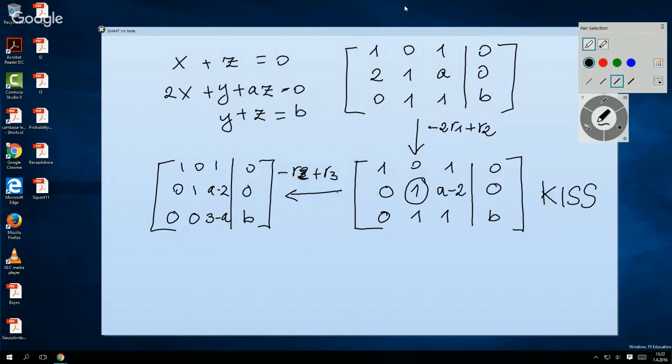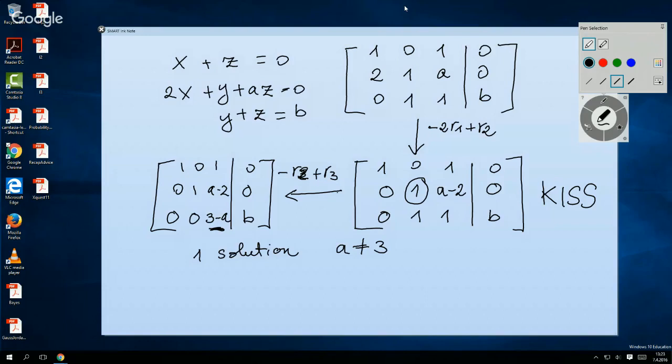Okay, so what can we conclude now? When is it that this thing has one solution? Okay, so when a is not 3, here we get a number which is not 0.